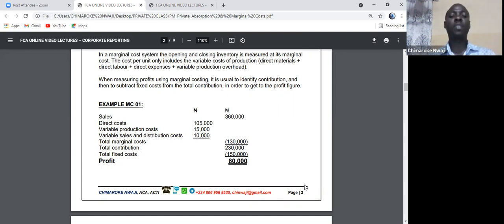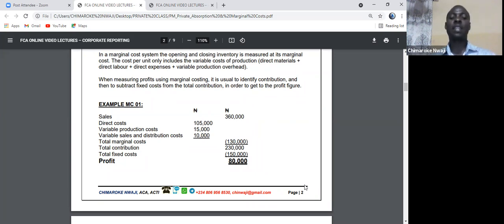Now, this variable selling and distribution cost could be maybe the cost of delivery, maybe the cost of wrapping. Let's say you are producing bread. Each bread you sell, you put it in a special nylon bag. That's a selling and distribution cost. Or maybe each loaf of bread you put a souvenir.